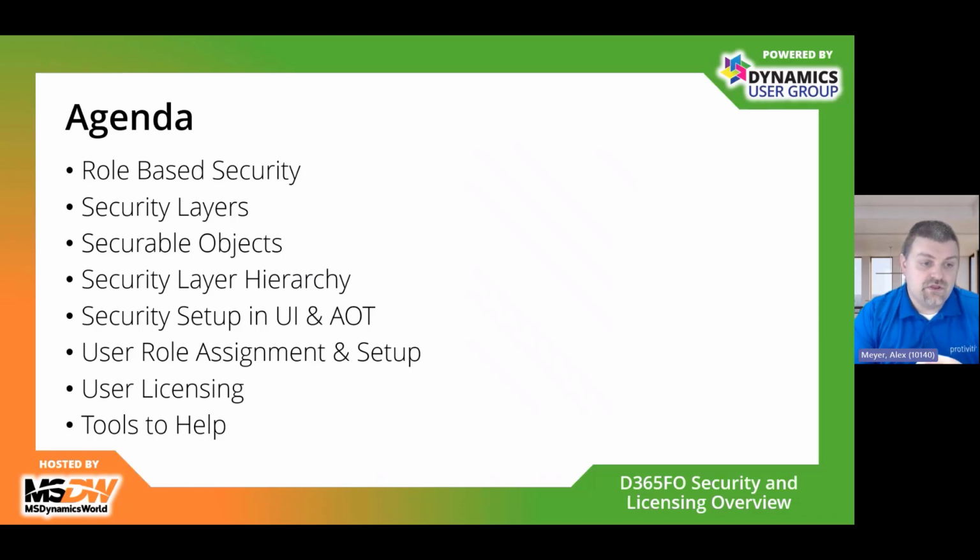And then we're going to look at the user role assignments and how that setup occurs. And then after we get through all of the security side, we're going to look at the licensing portion of this and how security and licensing are tied together. And then we're going to look at tools and other resources that are available to help with your security and licensing in your organization. So let's go ahead and get started.